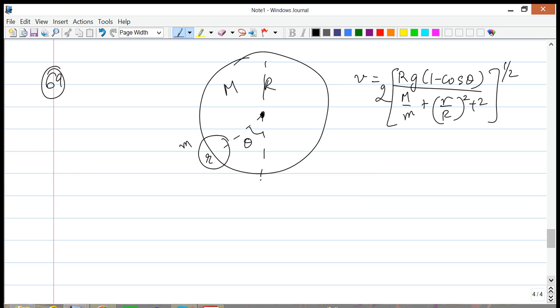As you've recognized, the problem is essentially very simple. It's one of mechanical energy conservation. We show that MEi equals MEf. That's what we're going to use.